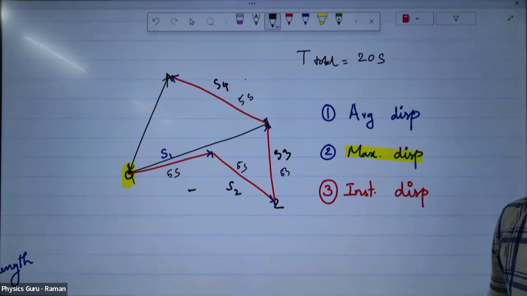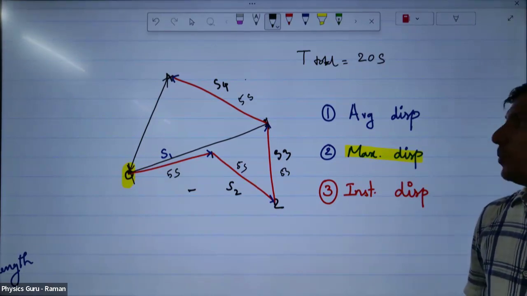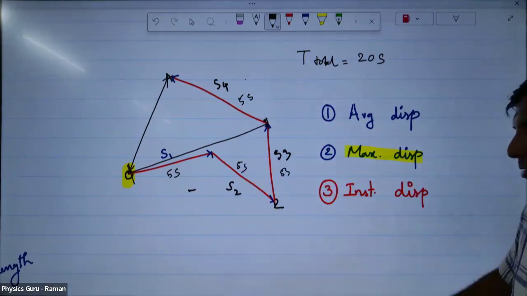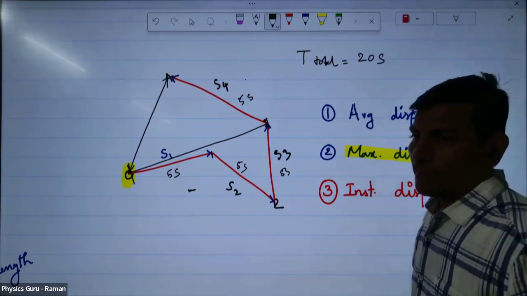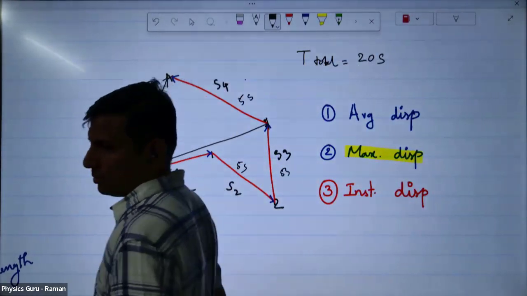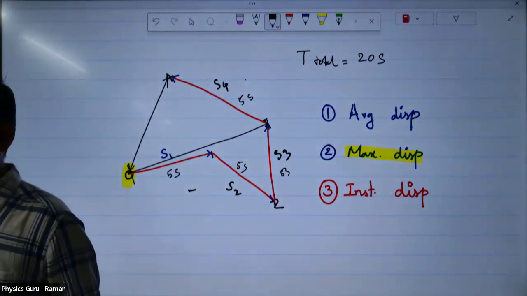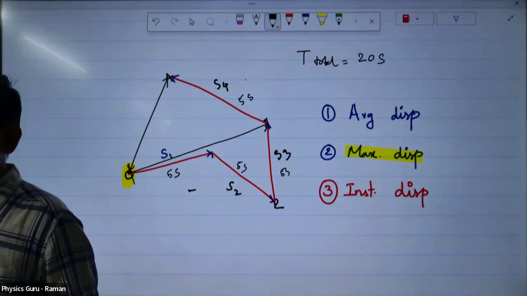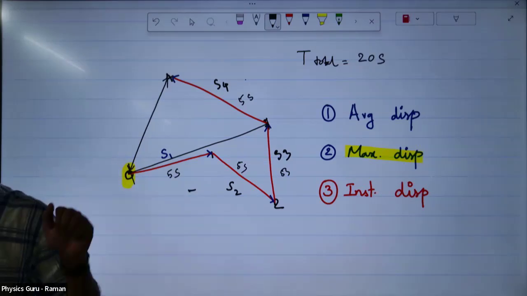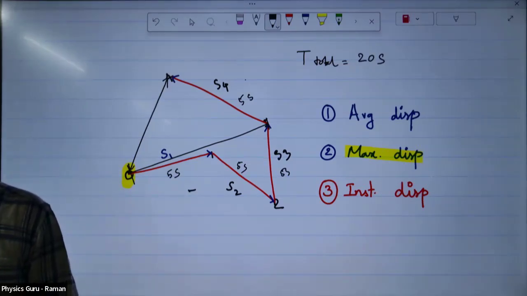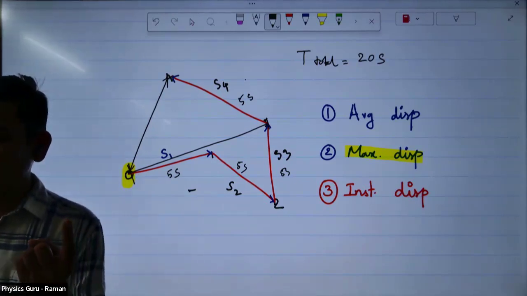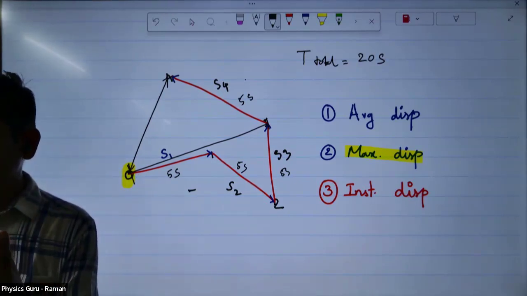Now if I ask you a question: in this entire observation, is it possible for the instantaneous displacement and the maximum displacement to be equal?